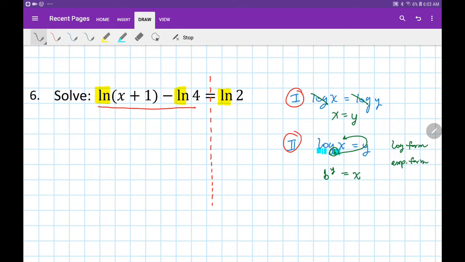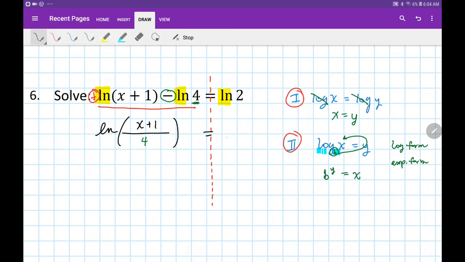Instead of natural log being in 2 places, I'm going to condense it to 1 natural log. And I know that x plus 1 is going to go in the numerator because there's a positive sign out in front, so it goes in the top. And I know that the 4 is going to go in the denominator because there's a negative in front of my 4, so it's going to look like this.